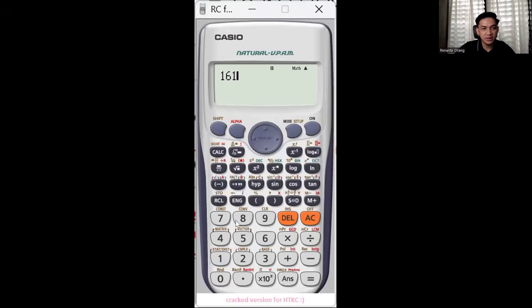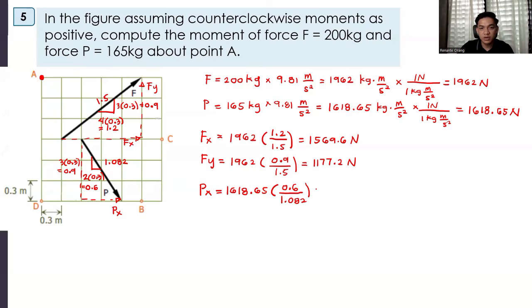So, 1,618.65 multiplied by 0.6 divided by 1.082 equals 897.588. So let's write that: 897.588 newtons.